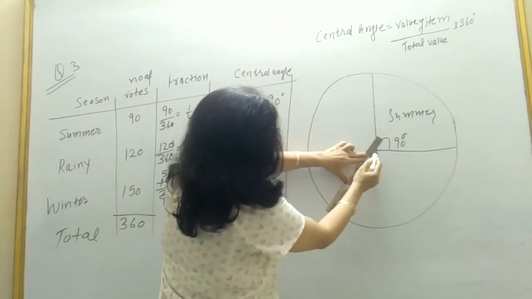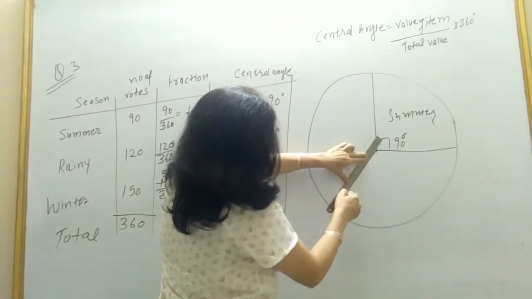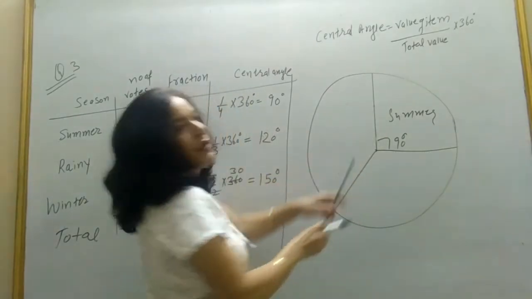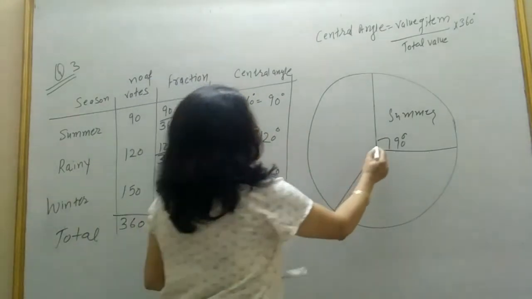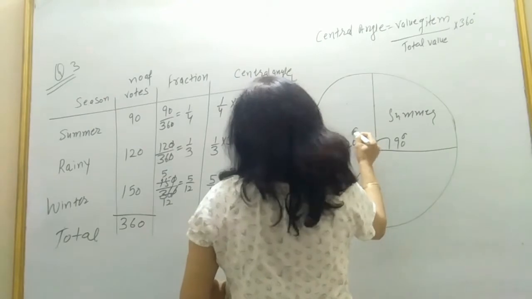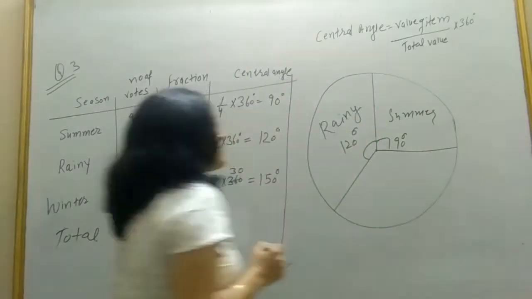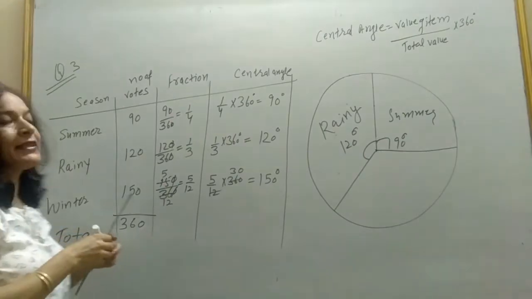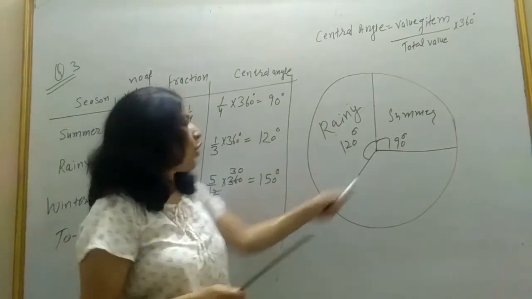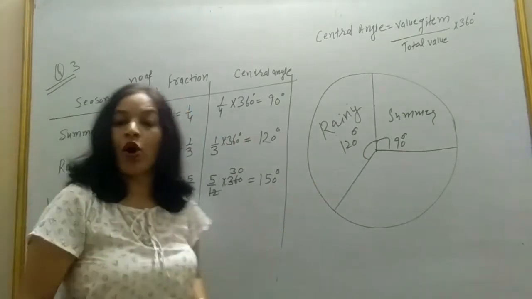See the video of question number 3; it is explained there in detail. So it's a 120 degree angle for rainy season, and for winter season it will automatically be 150, or you can measure.